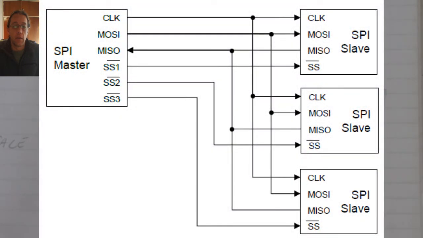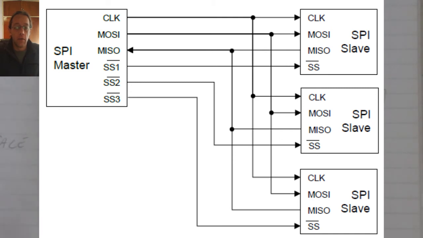The slide shows the serial peripheral interface with independent slaves, whereby we've got one master that controls three slaves. Take note that we've got slave select 1, 2 and 3, each connected to the individual slave modules on the right hand side.